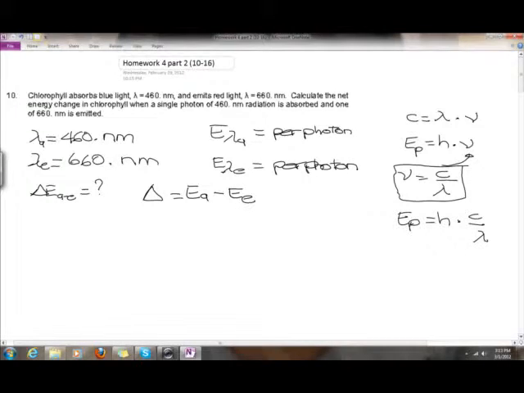Absorption is higher. As I said, the absorption is at 460 and it emits the light at 660. The wavelength is inversely proportional to the energy of the photon.